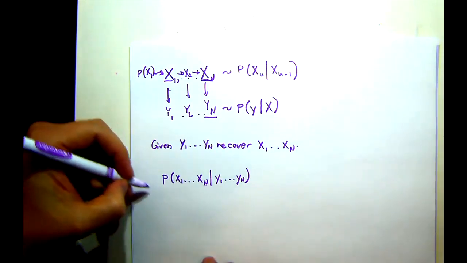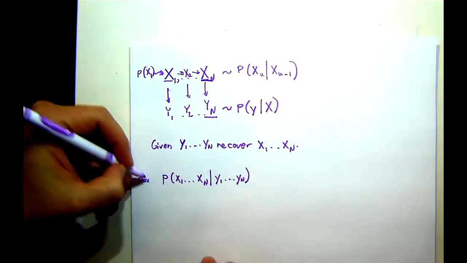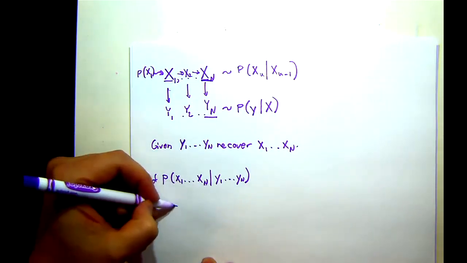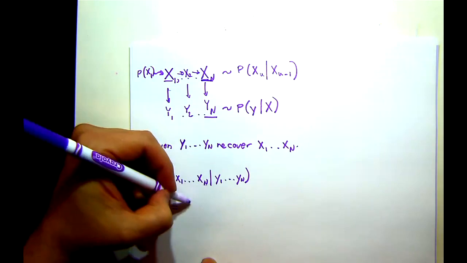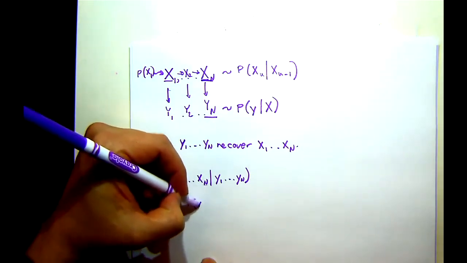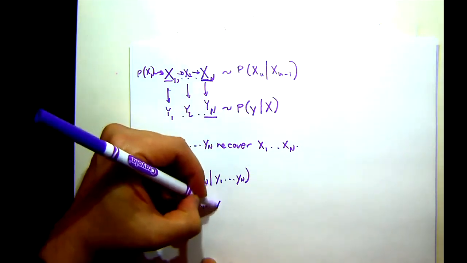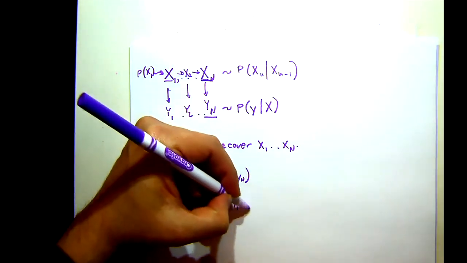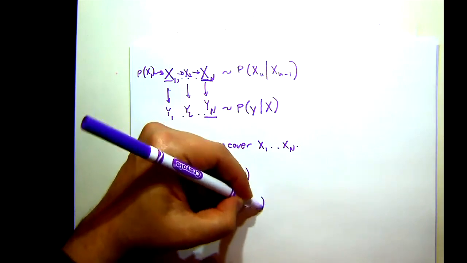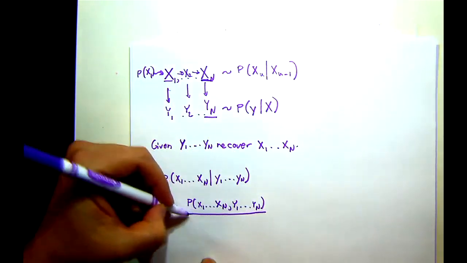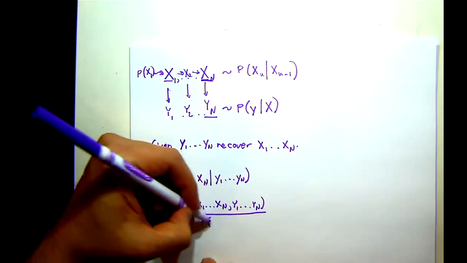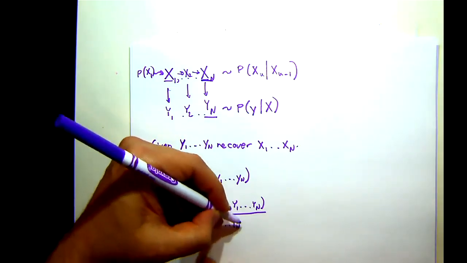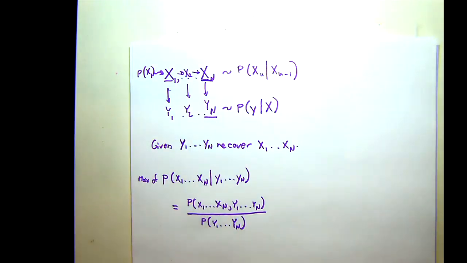If we're going to maximize this, we can do a little transformation. We can find the joint of x1 to xn and y1 to yn, and there's a normalizing factor, the likelihood of the observed sequence, probability of y1 to yn.